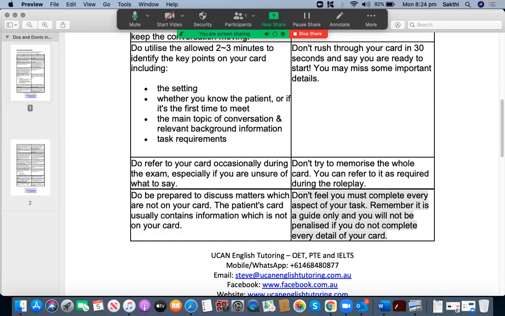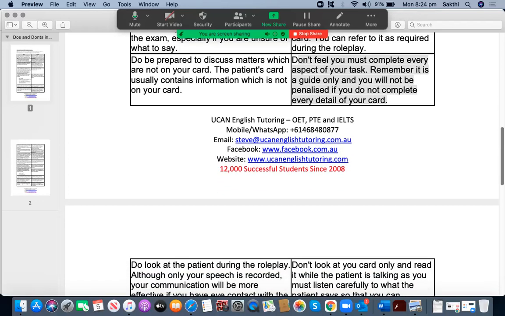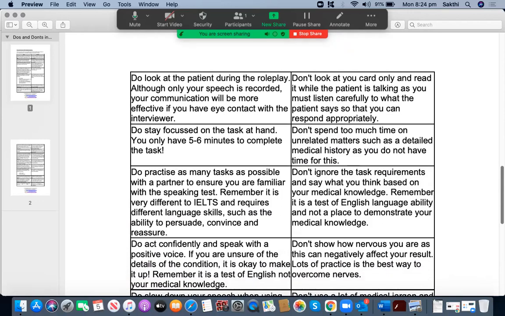Sometimes you may get so many bullet points, even 8 or 9, and it is not necessary for you to complete all the aspects of your role play card. If you miss 1 or 2 bullet points, it is all right as long as you are able to convince the patient, as long as you are able to address the patient's concerns and questions. You should be able to still score an A grade in the speaking subtest. It may be a surprise to you, but it's the reality anyway.